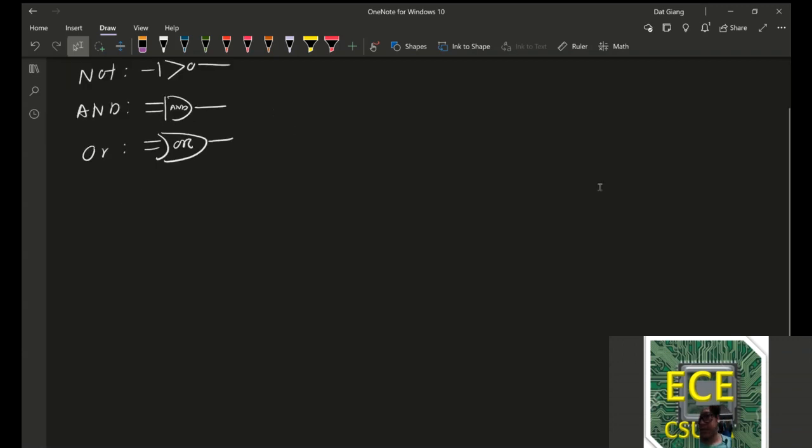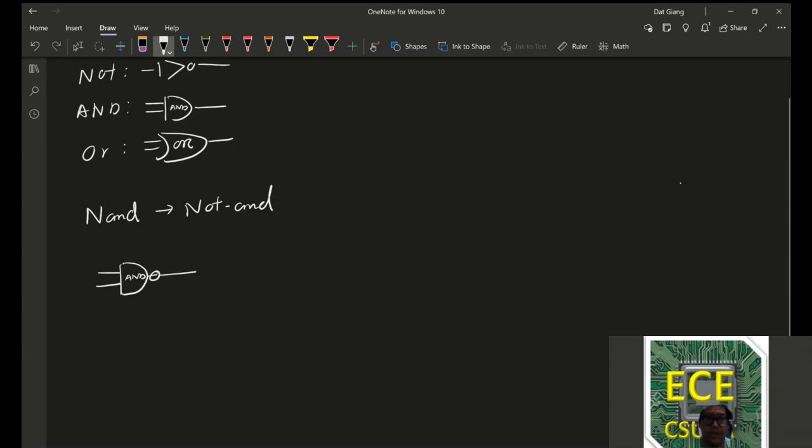Okay, so to start off, we talk about a NAND gate, or sometimes they call it a not and gate. So it's a combination of NOT and AND. Now, the logic looks similar to an AND gate, except we have a circle right afterwards.